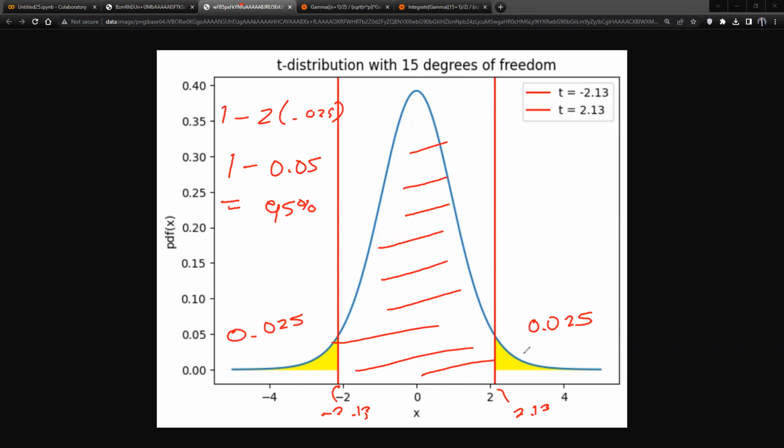And if my t value happened to be over here or over here, then that would mean it would be a rare event. So this would be our region where we would reject the null hypothesis. And this would be the region where we would fail to reject the null hypothesis.